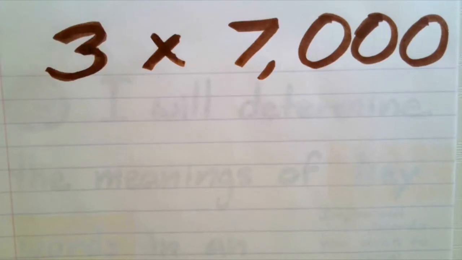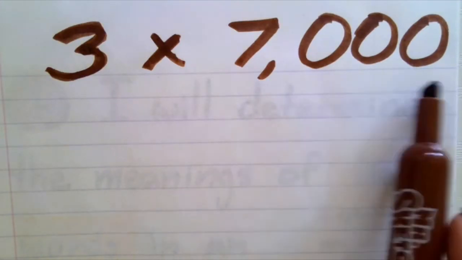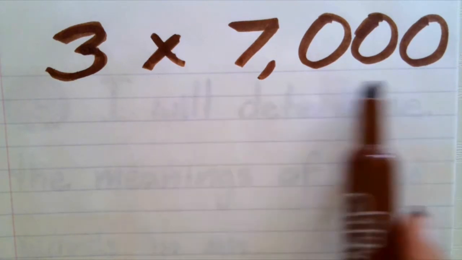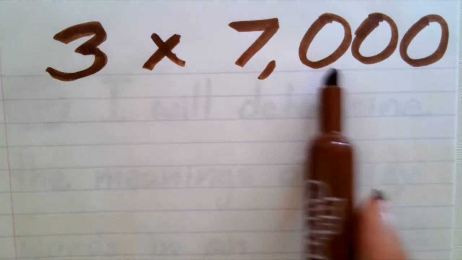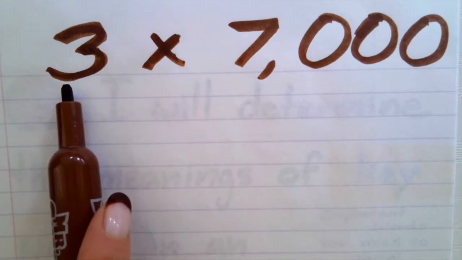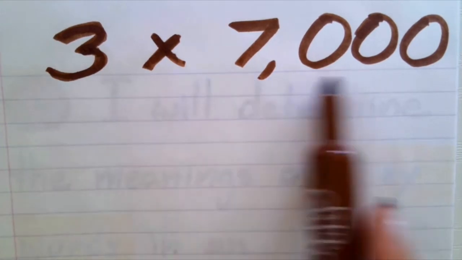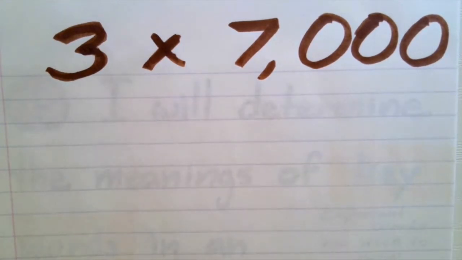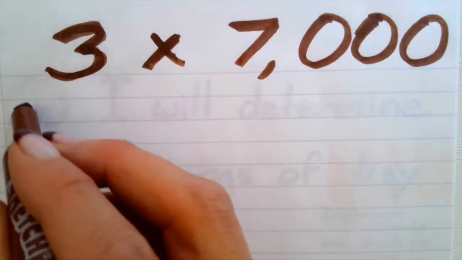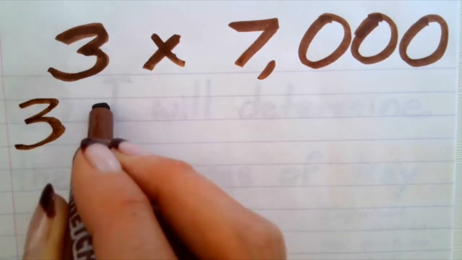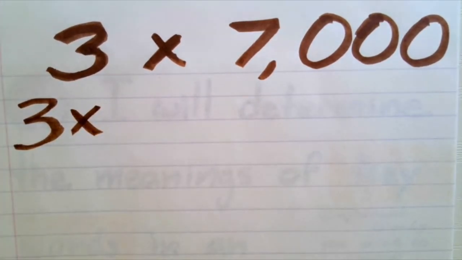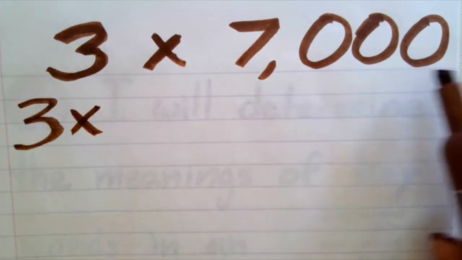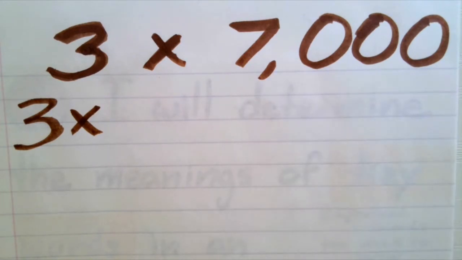Let's work with a big fun number that's a multiple of 1,000, 7,000. We're going to multiply 7,000 by 3. 3 times 7,000. So how do we begin? We write the first factor, 3 times, and then what? What are we going to do with this larger factor?